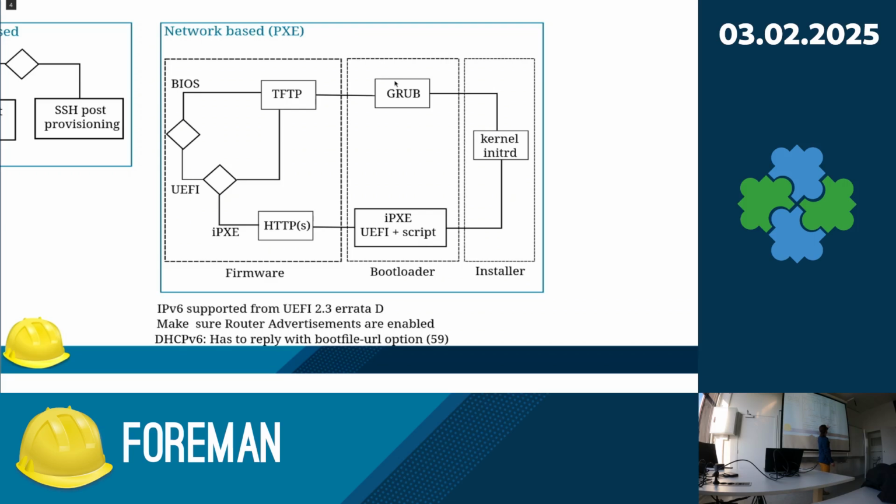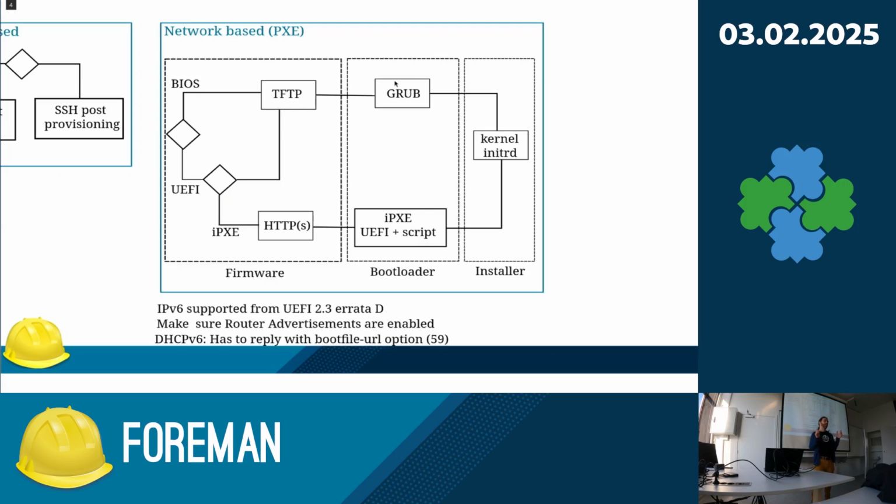To get the GRUB EFI file or the GRUB BIOS file, you can get them both. As long as GRUB starts running on your machine, it will look for grub.cfg dash your MAC address. From that point on in the process you can use the MAC address.